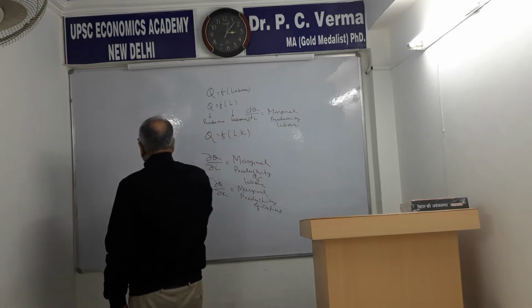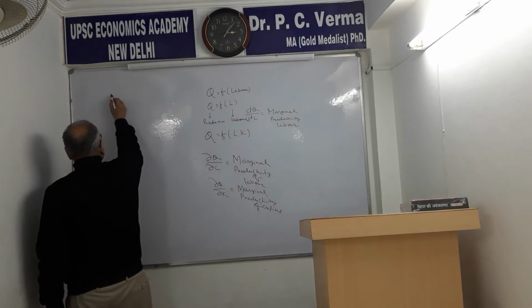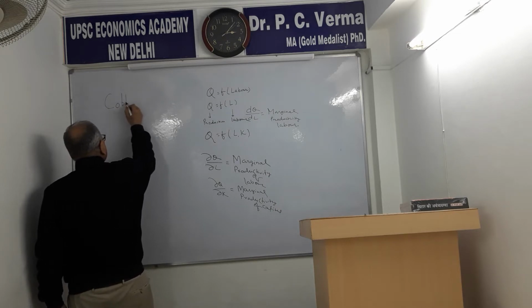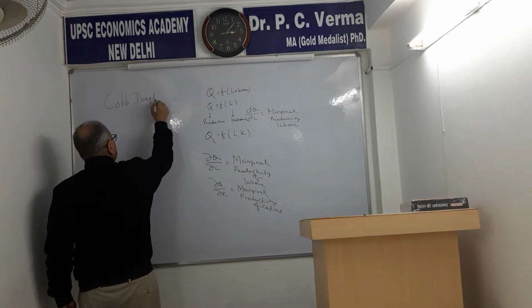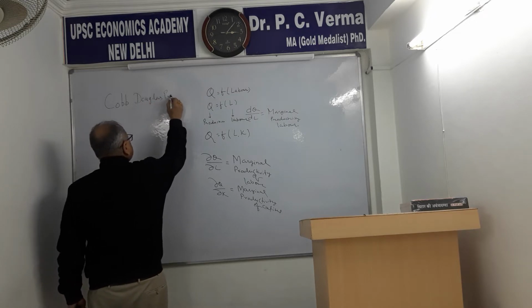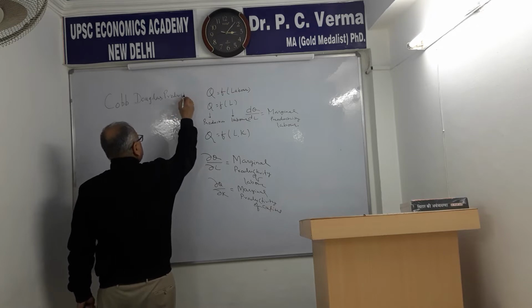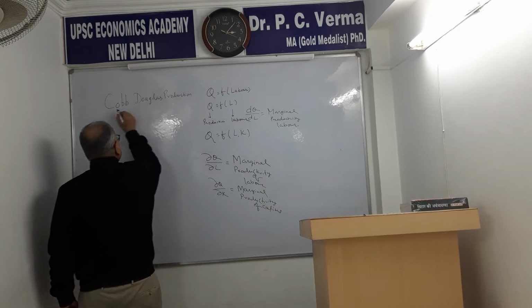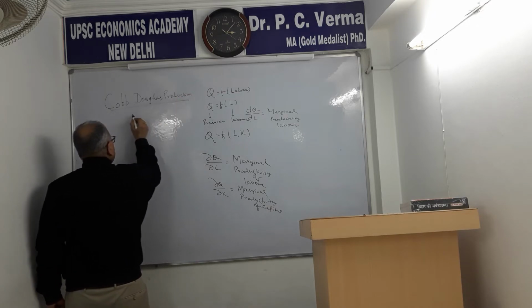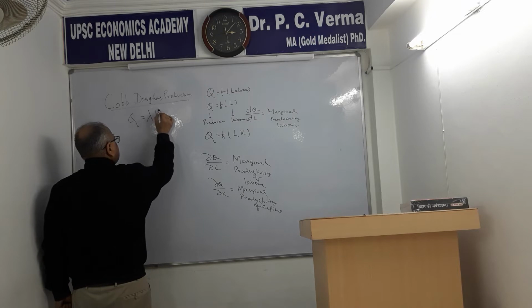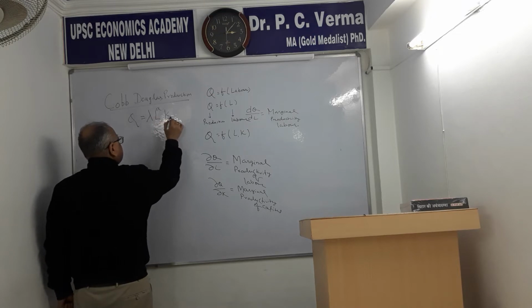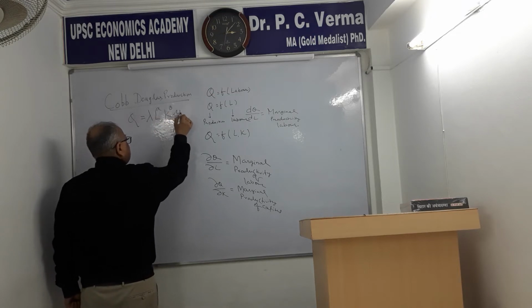In economics, the popular production function is the Cobb-Douglas production function. This is represented by lambda, L alpha, K beta, mu.